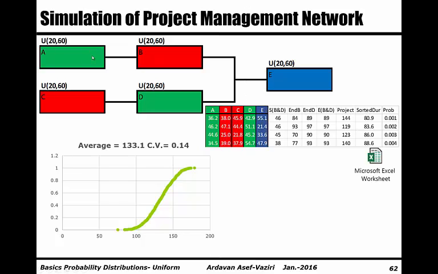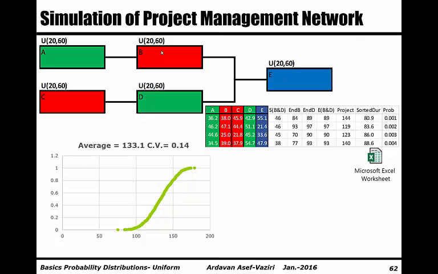Indeed, you can look at this graph as a project or as a process. For example, a part comes from here, goes through 2 operations, another part comes from here, goes through 2 operations. They should be subassembled here in this last operation. Of course, over there it will not be 20 and 60 days, but 20 and 60 minutes.